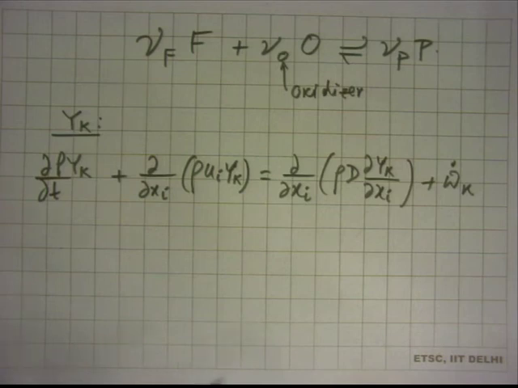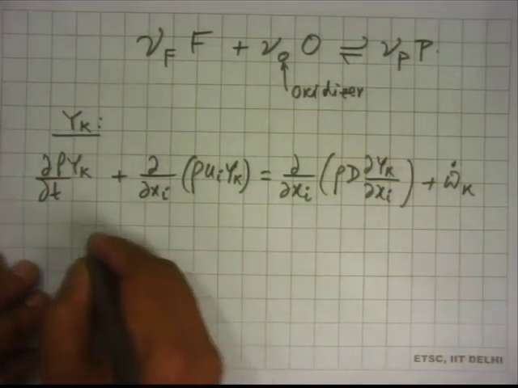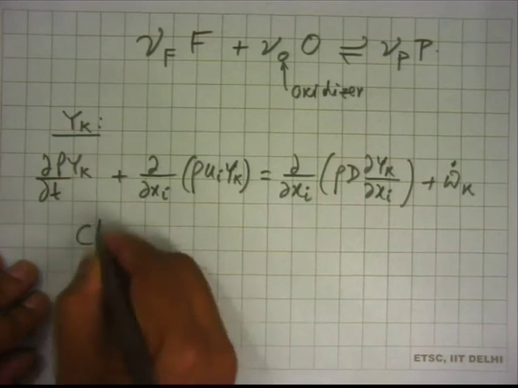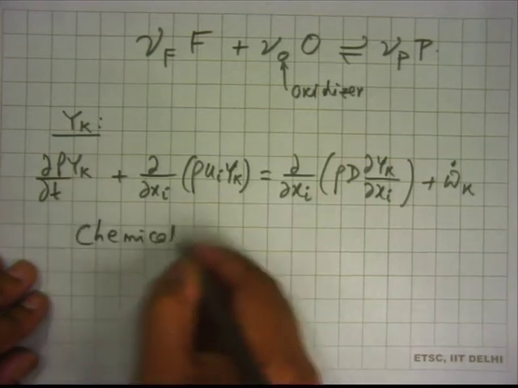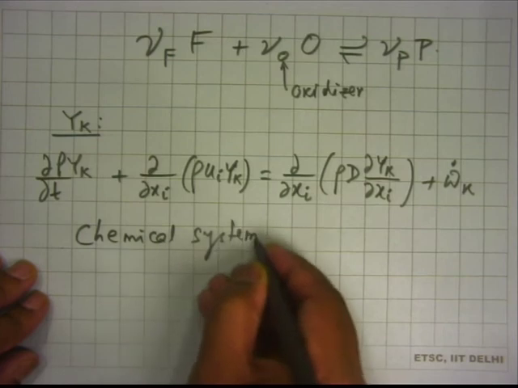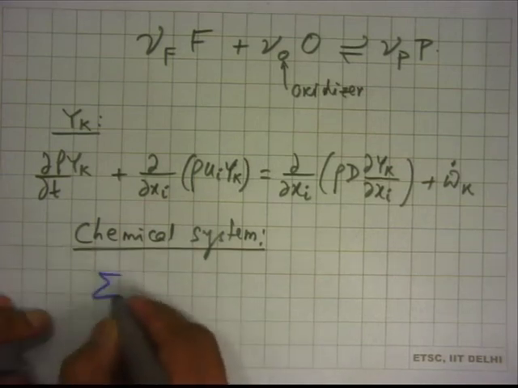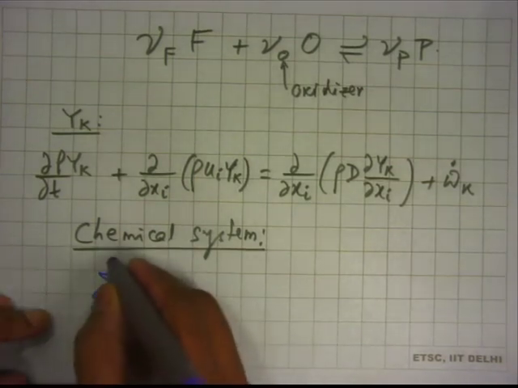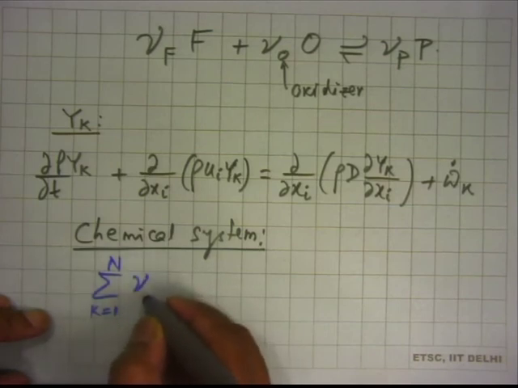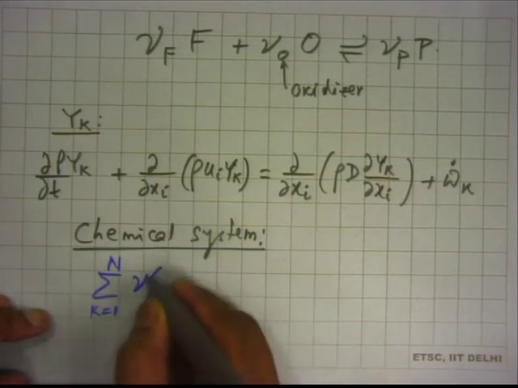We will not have a lot of time today, but I'll just briefly describe what is our chemical system. Our chemical system is, again, familiar, but in a slightly different notation.